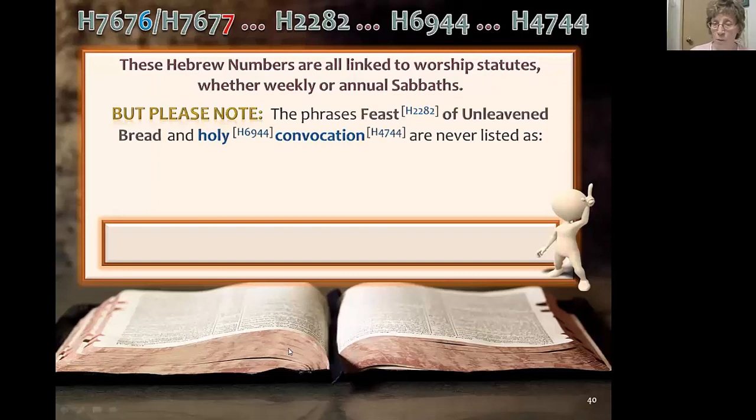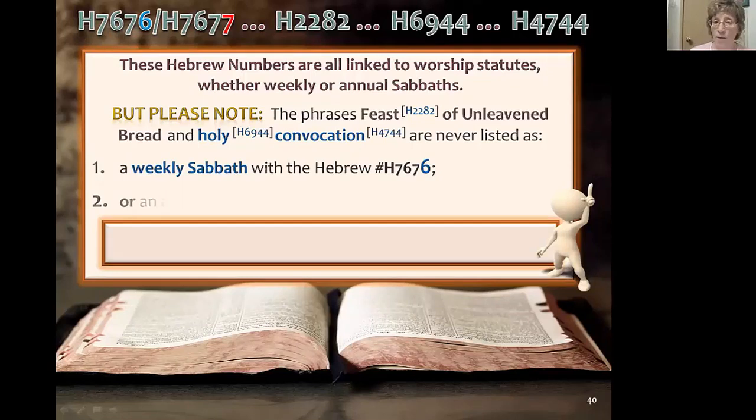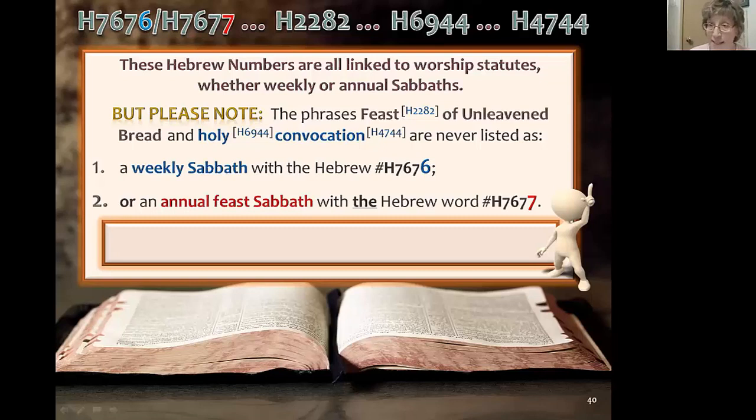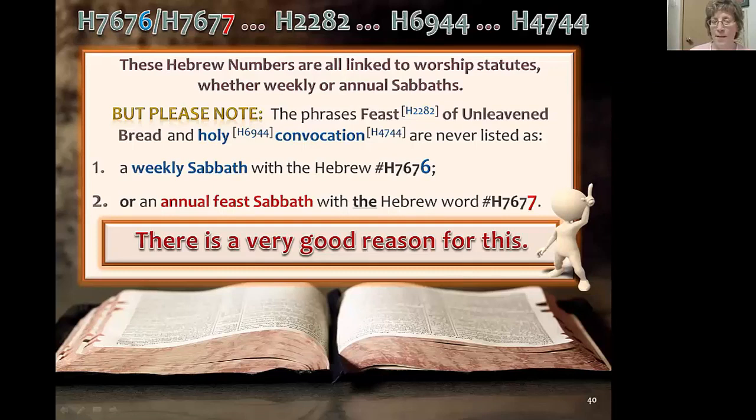I want you to know that the phrases Feast of Unleavened Bread and Holy Convocation, they are never, ever listed along with the weekly Sabbath with that Hebrew number 7676 as Shabbat, and they aren't listed as an annual feast with the Hebrew number of them. But you know what? There is a very good reason for this. This had to be written into the Torah, so there would be no mistake. And people just have to go and look at it.